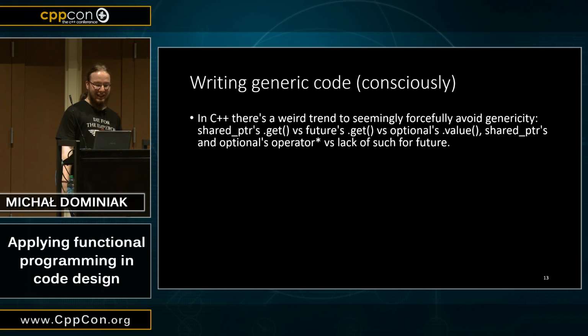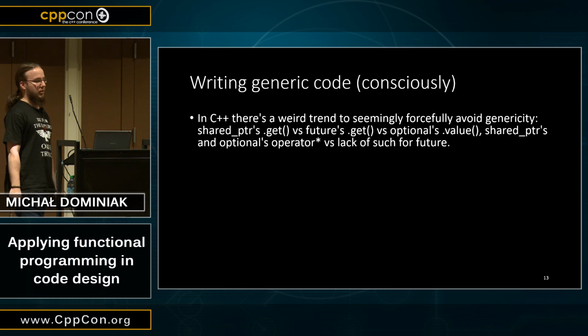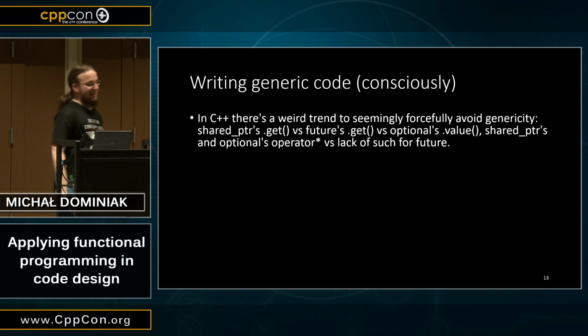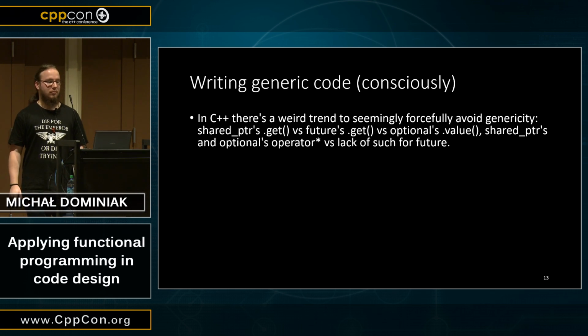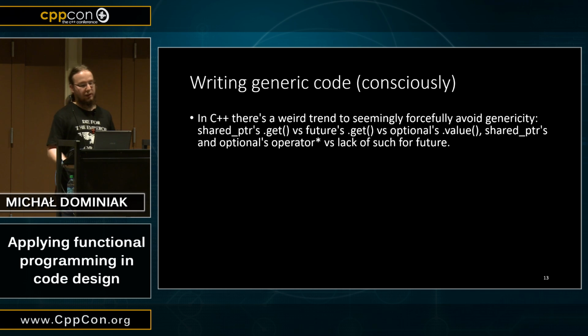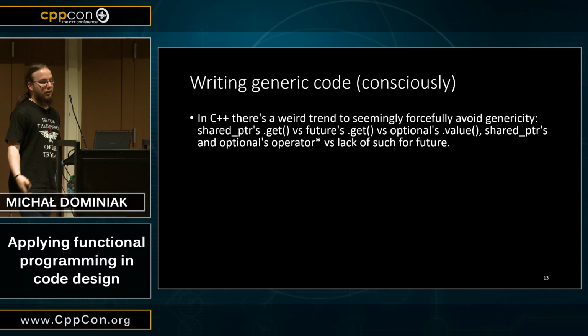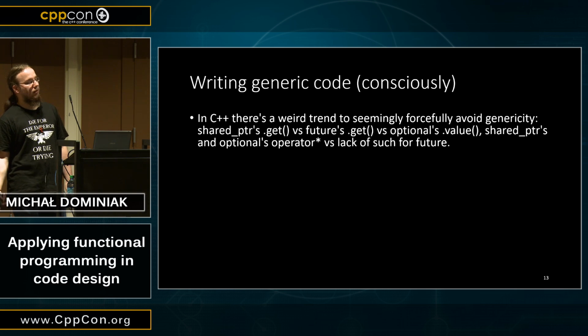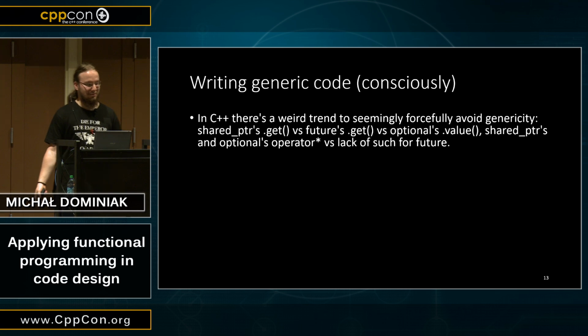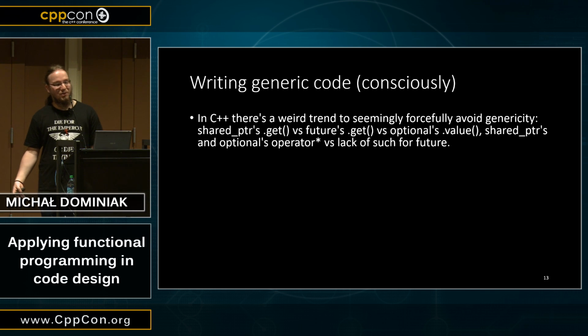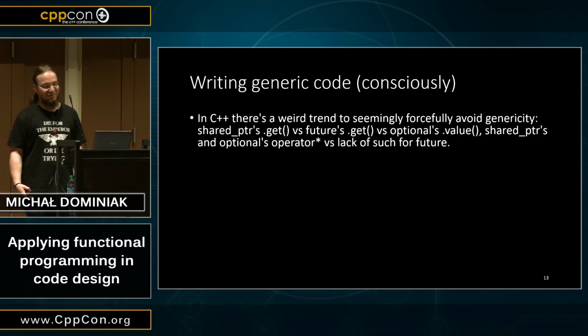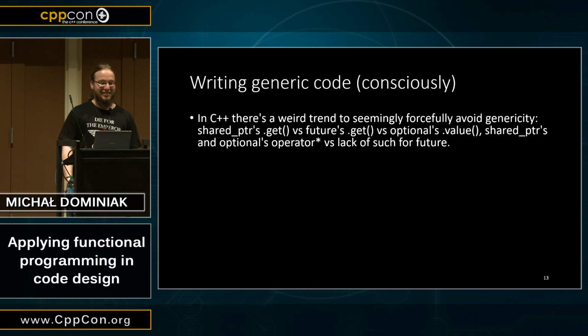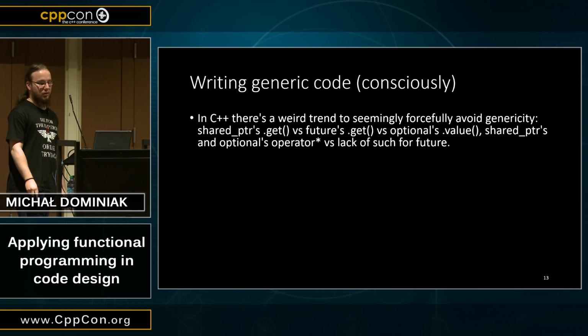For example, we can get a raw pointer from shared pointer, and we can get a value from a future. But in one case we get a pointer, in the other case we get a value. And for optional, we can also get the value, but the function is not called get, it's called value. It's as if somebody wanted to make them incompatible for whatever reason. The same goes for operator dereference.